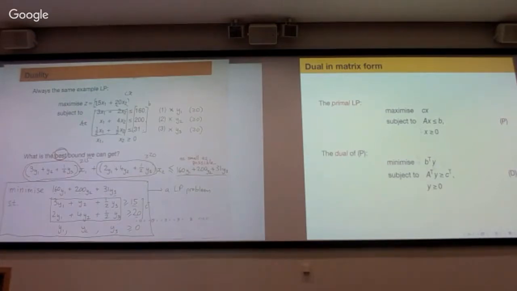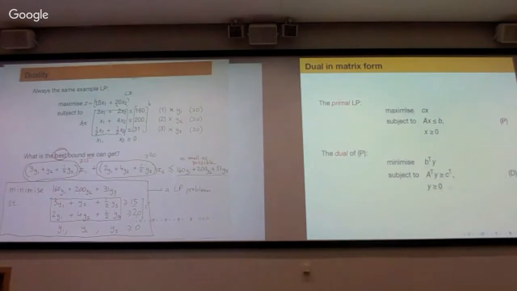That's what I've got here. The coefficients in the objective come from the right-hand side. The right-hand sides here come from the original objective. This matrix of coefficients in the inequalities is transposed. Non-negativity is still non-negativity.